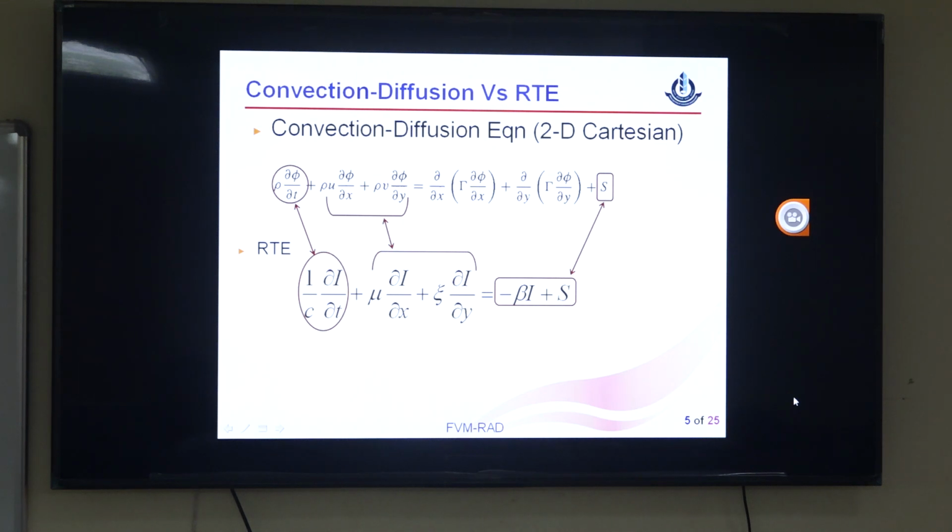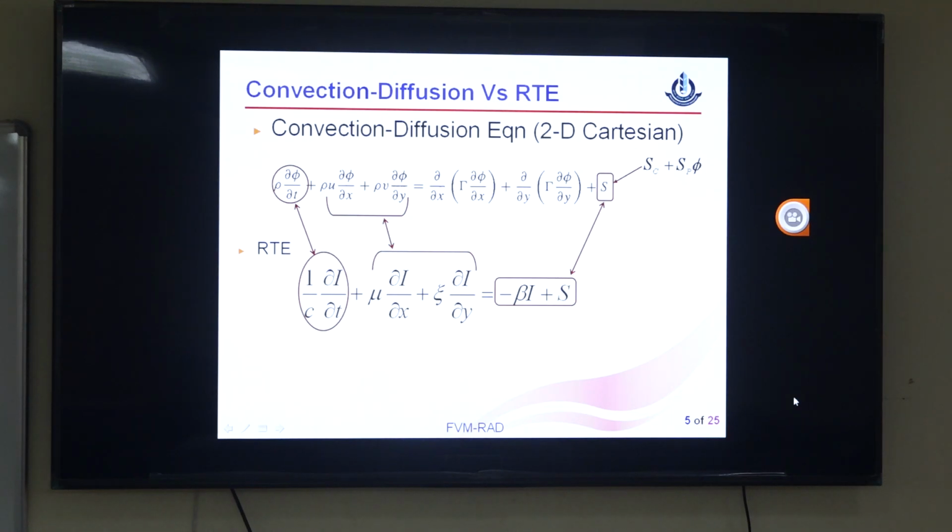This S can be a nonlinear source for our conventional heat transfer fluid flow problem, which can be linearized into a constant part of the source term and a linear part of the source term. If you compare this Sc plus Sp phi, then Sp is nothing but minus beta, where beta is the extinction coefficient.